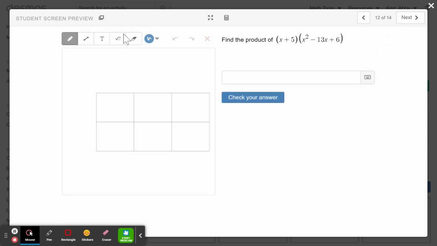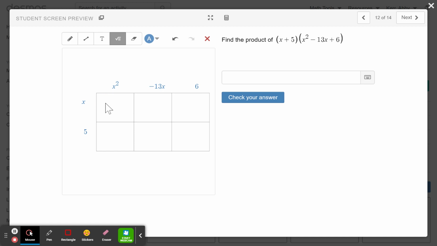All right, so for this one, we're going to find the product. So this is a binomial times a trinomial. Remember, trinomial is 3 terms. And to get into the area model, we need to multiply the length times width.